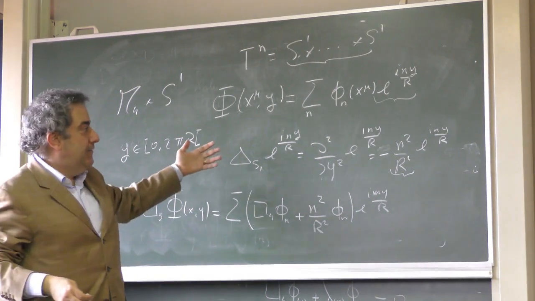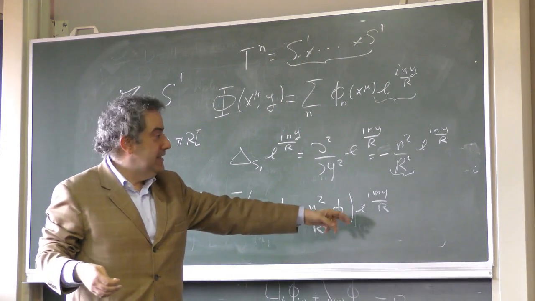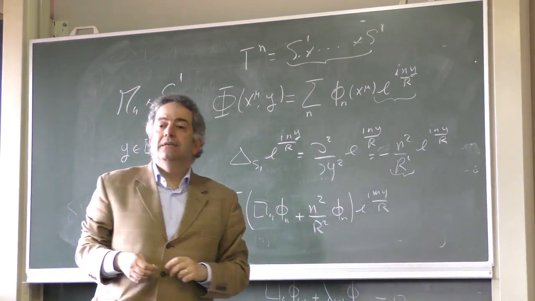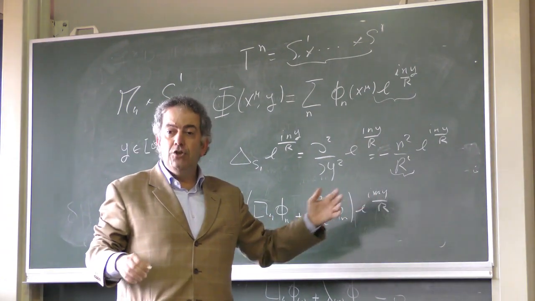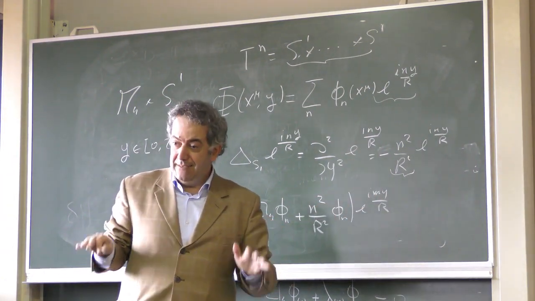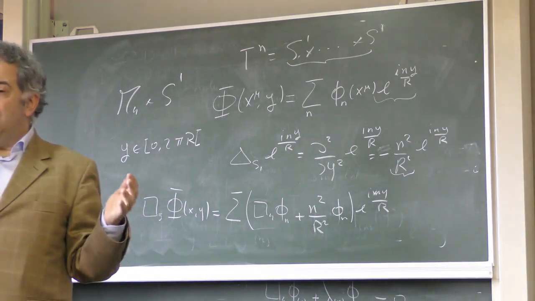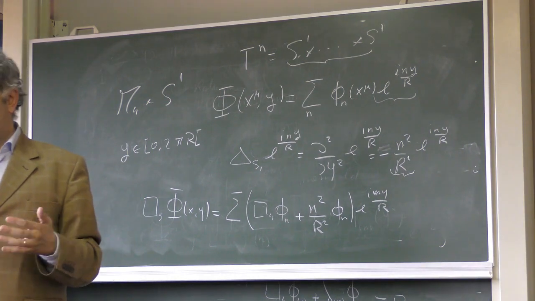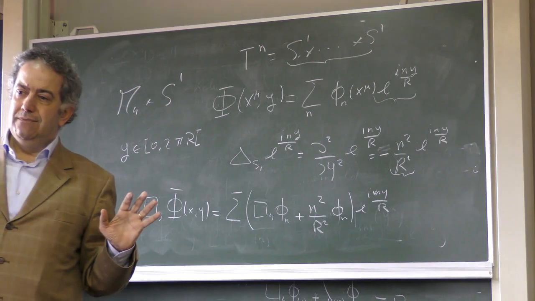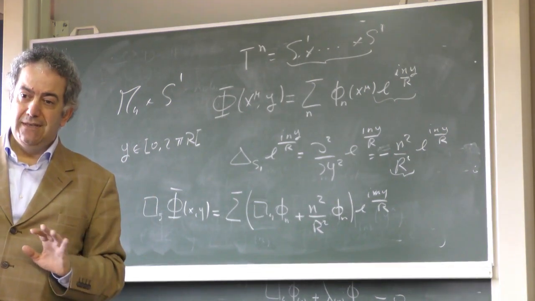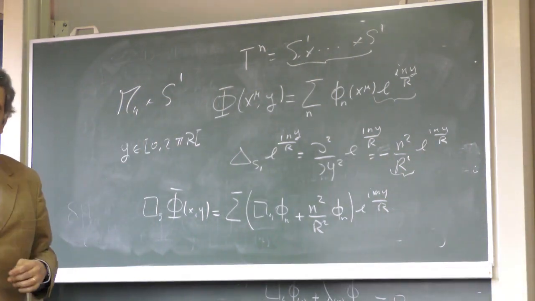Then, after fully expanding all the fields in harmonics, you set the dependence on internal coordinates to 0. You restrict to the 0 modes. And restriction to the 0 modes defines an effective 4-dimensional theory, which is the 4-dimensional theory resulting from the dimensional reduction. And this is a consistent truncation. The theory describing these 0 modes, okay, is a consistent truncation of the higher dimensional theory, compactified.